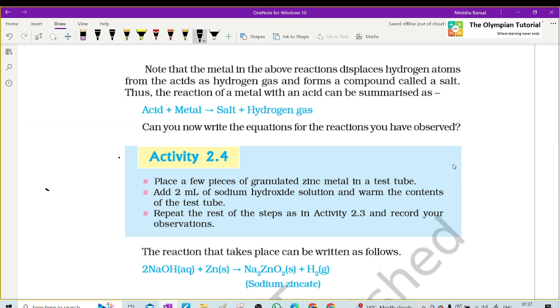Thus, the reaction of a metal with an acid can be summarized as acid plus metal gives salt plus hydrogen gas. Can you write the equations for the reactions you have observed? Two products we are getting: salt and hydrogen gas.